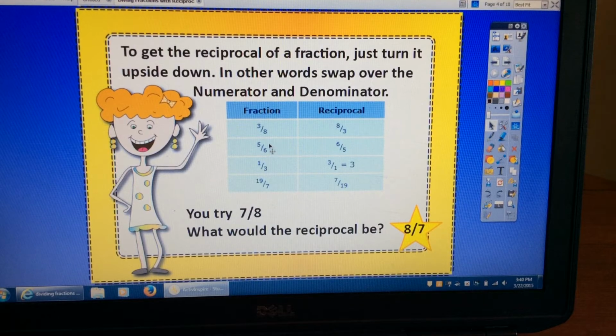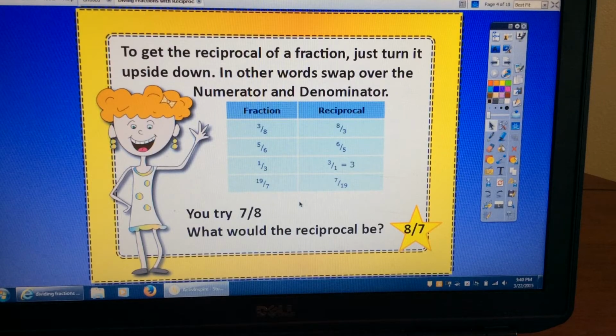If we have 5/6, we're going to switch it, and it's going to be 6/5. If we have 1/3, we know we're going to have 3/1, which is going to give us 3. And if we have 19/7, if we swap it and flip it, it's going to be 7/19.